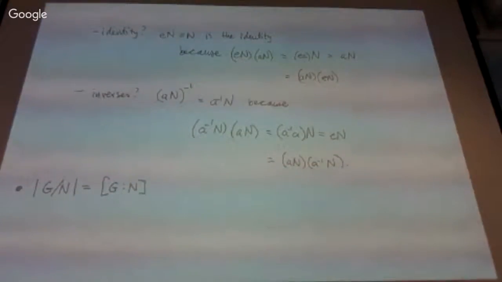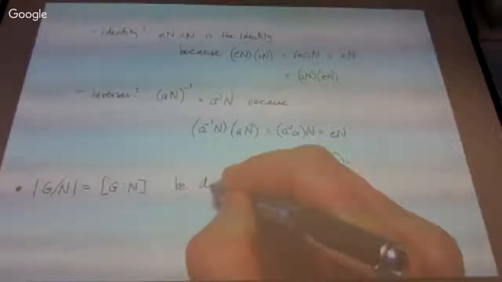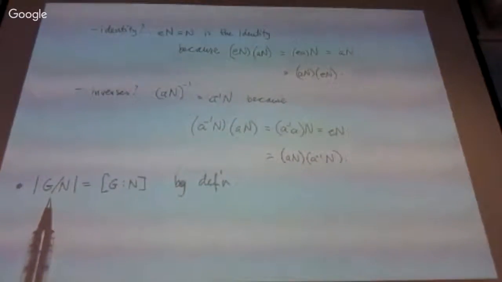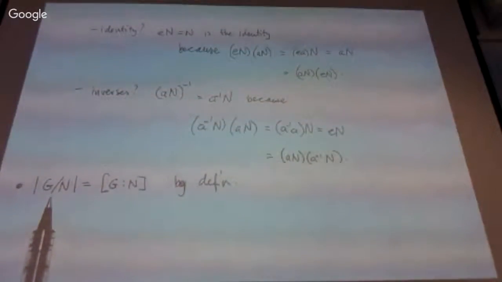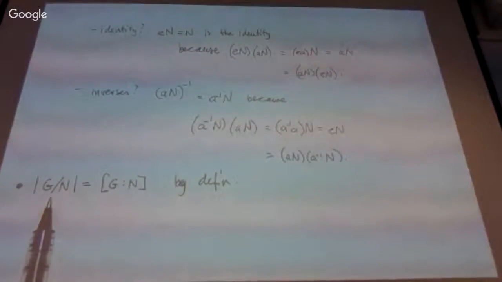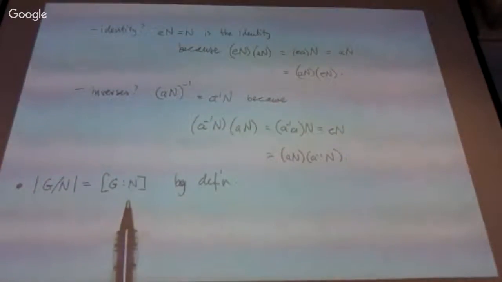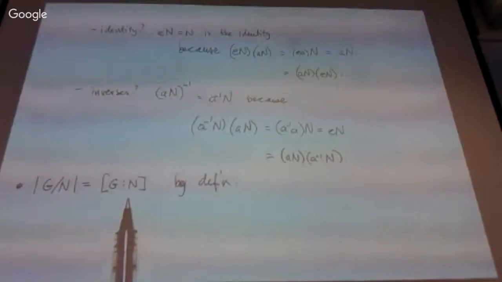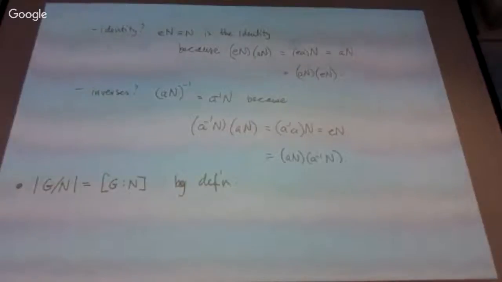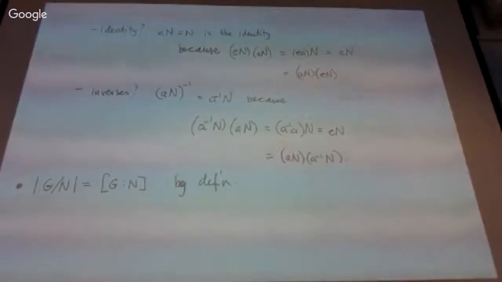Well, that is really so by definition, because the elements of this factor group are the cosets, and this thing, the index of N in G, is defined as the number of cosets. So really just that. Okay, that's the end of the proof.